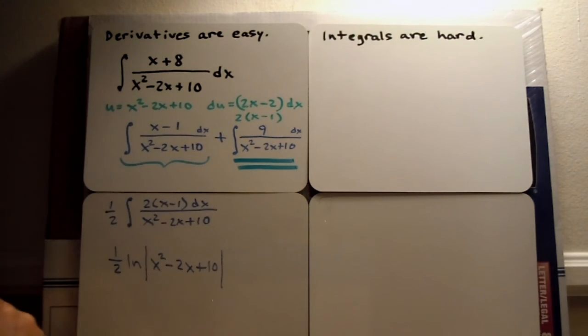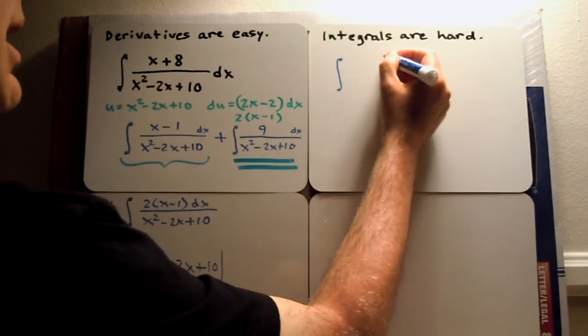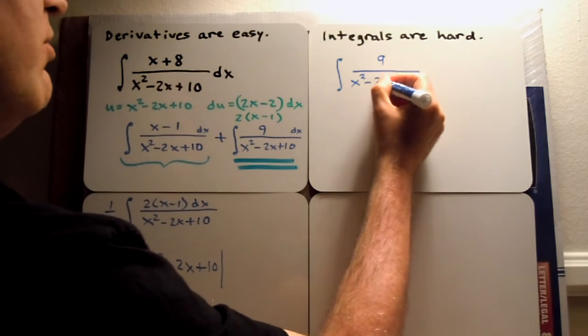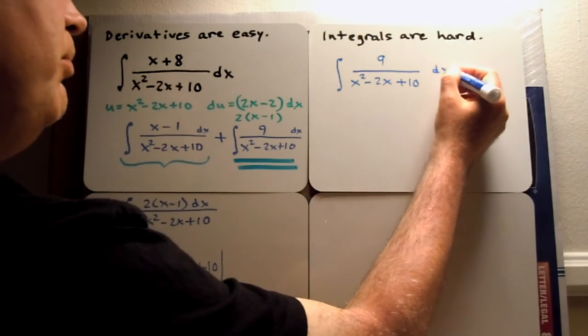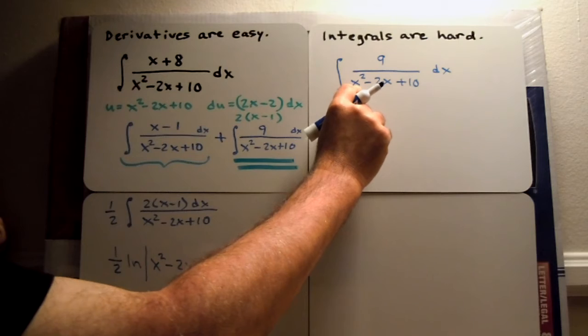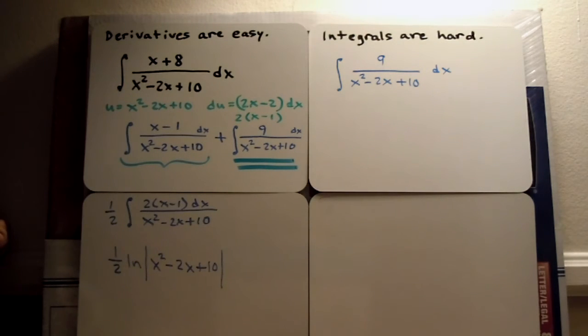And let's go ahead and see what we get for the second portion, 9 over x squared minus 2x plus 10. Now that's definitely not a natural log form because we don't have the possibility of creating the proper derivative of the bottom on the top.